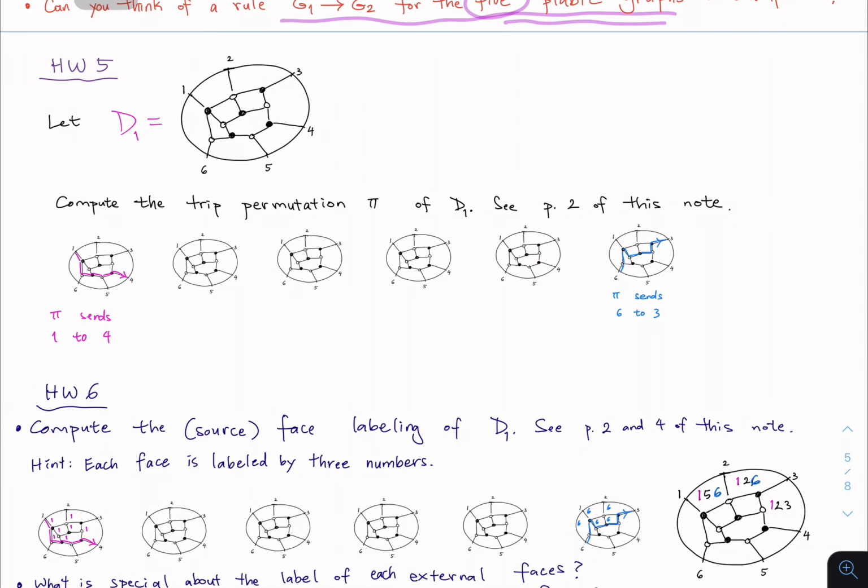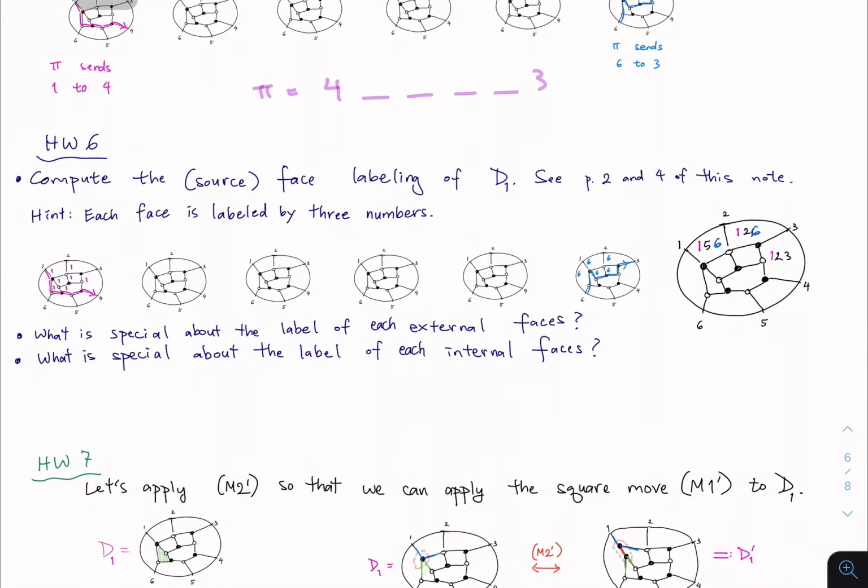This is a Plabic graph we've seen before, but we haven't worked with. I have done part of the computation to find the trip permutation, so we know it's going to look something like 4, then blank, blank, blank, blank, 3.